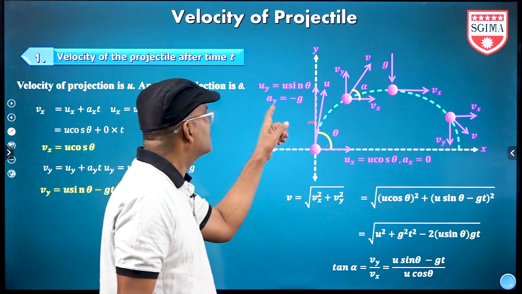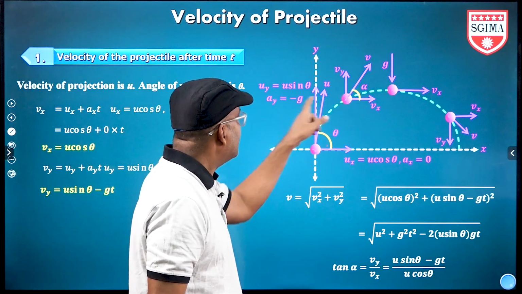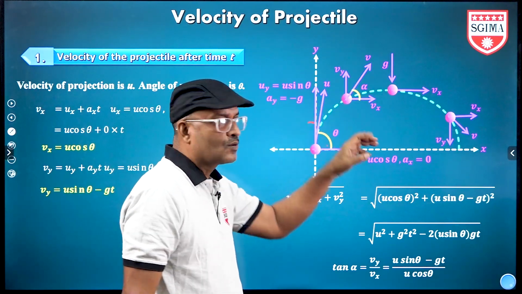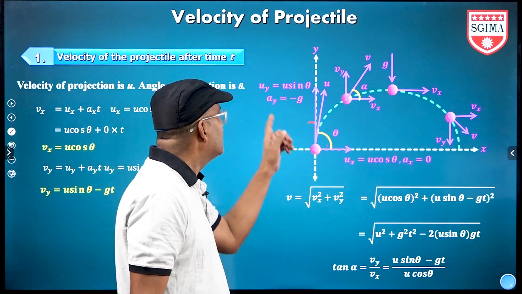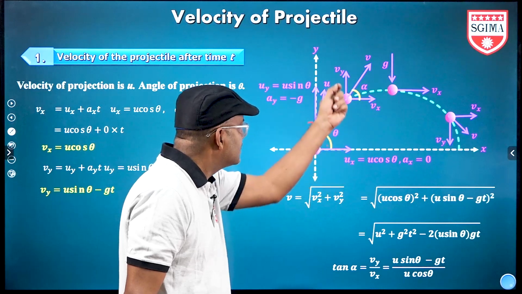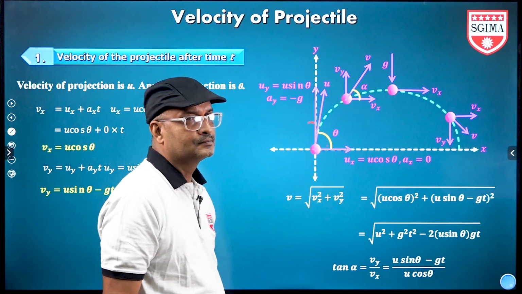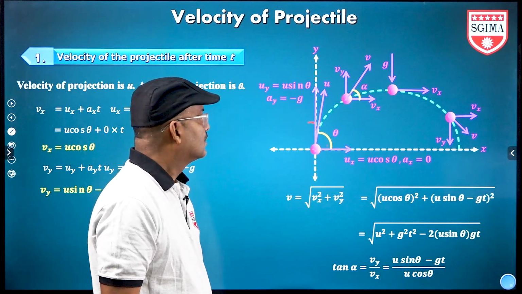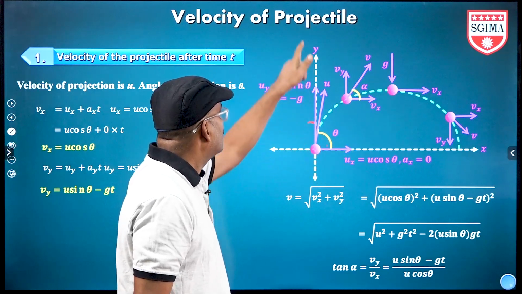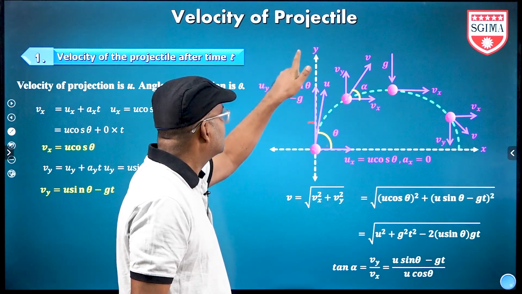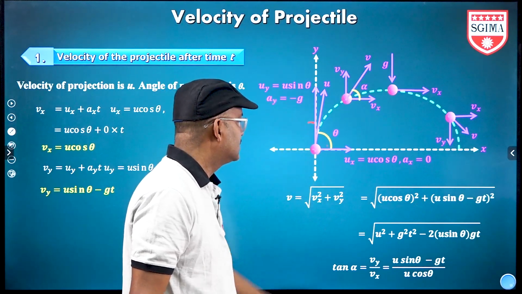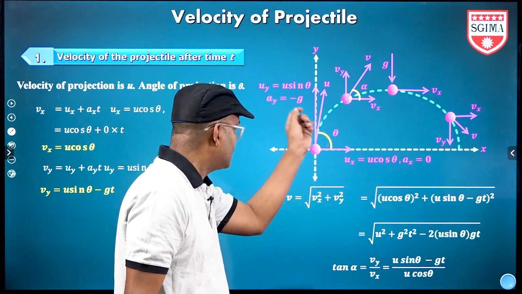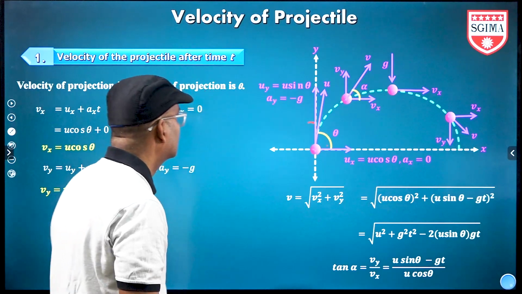Due to that, it gets an acceleration equal to the acceleration due to gravity. It is minus g because it is in the downward direction. The upward velocity is u sin theta, the acceleration is downward, so minus g. Force direction is nothing but acceleration direction.